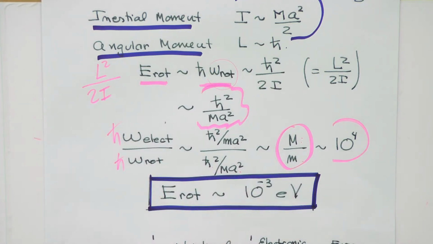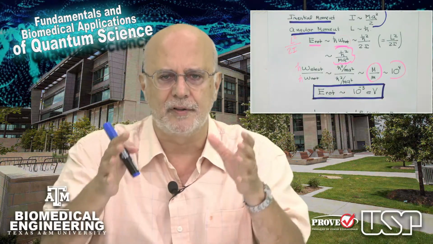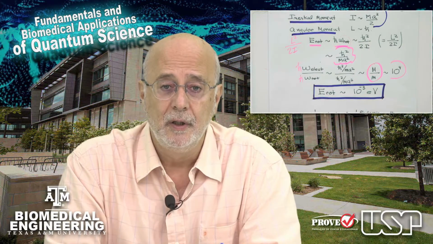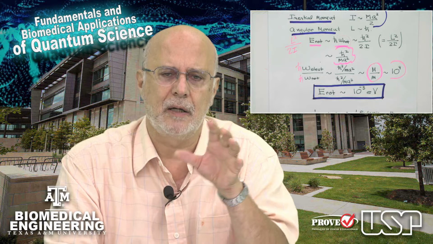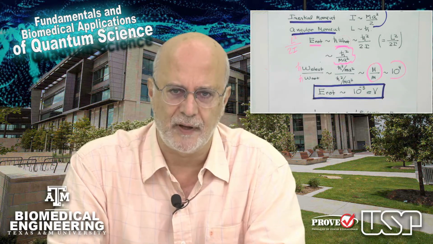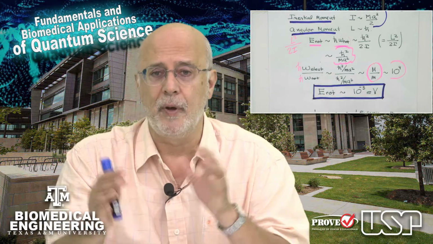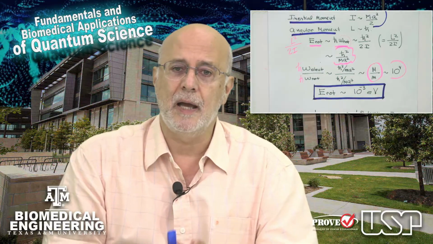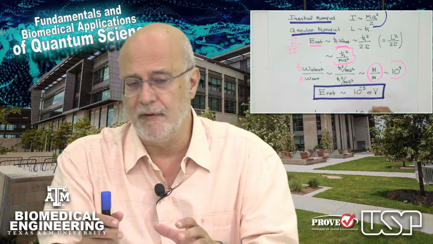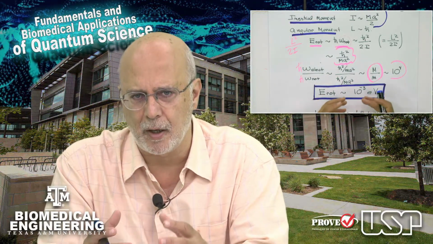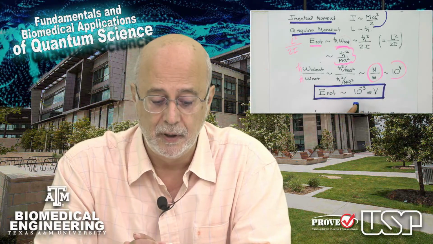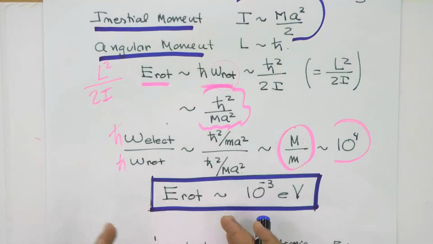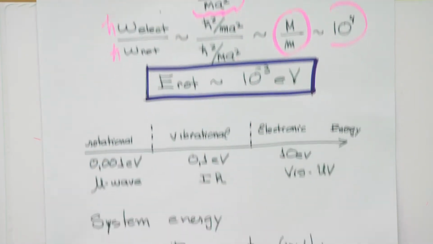So you see, in terms of energy, even though we have all those degrees of freedom that can hold energy, the electronic one is the most important for the molecule. That is where the largest quantity of energy is. And then we have some in the vibration and some in the rotation. So even though the chemical bond is the most important source of energy in the molecule, there is still energy in the rotation and the vibration, even though that energy is smaller.